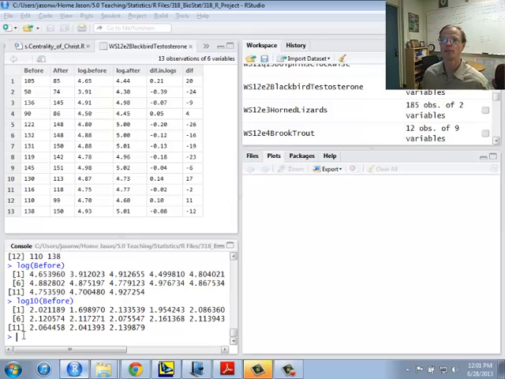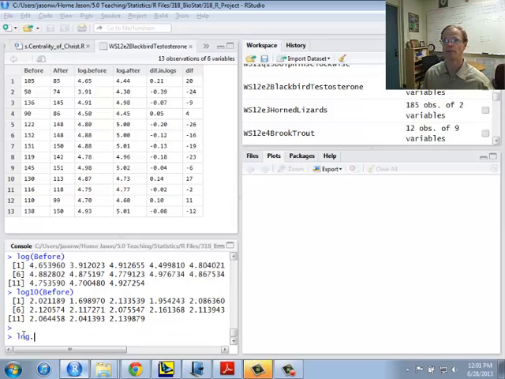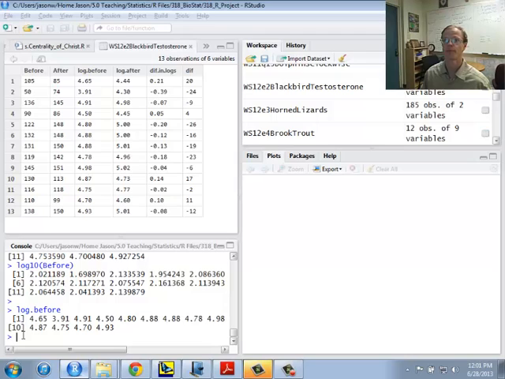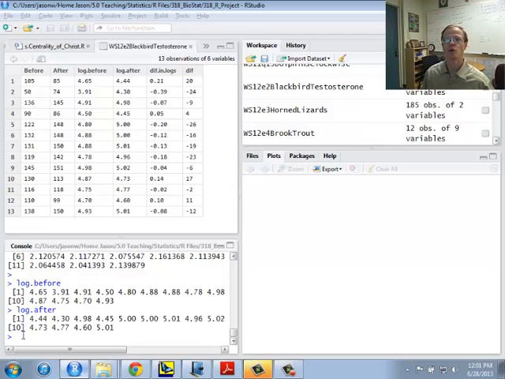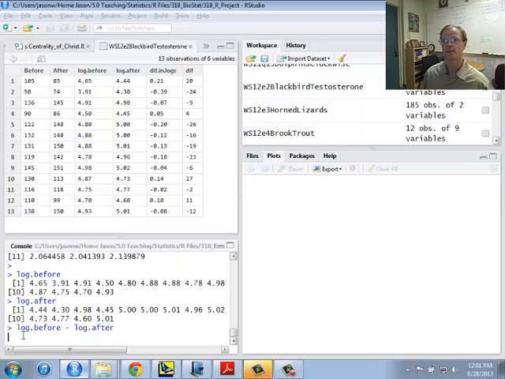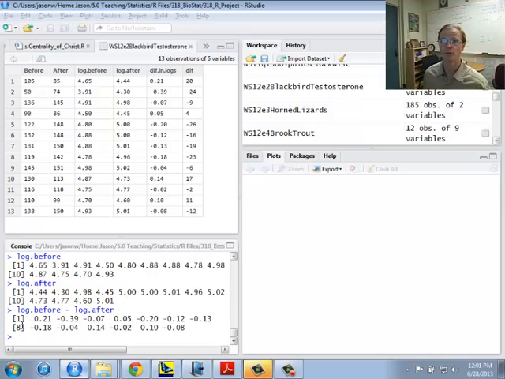Okay, so since I've attached, I can access log.before and log.after. So what we're really interested in is the difference between those two guys. So log.before minus log.after, and I got those.